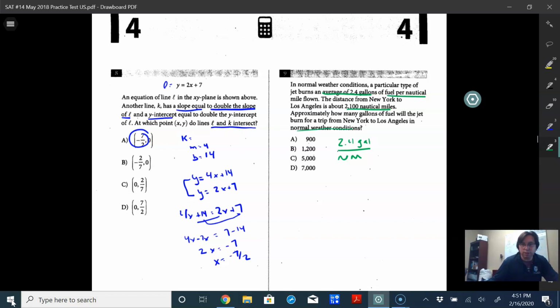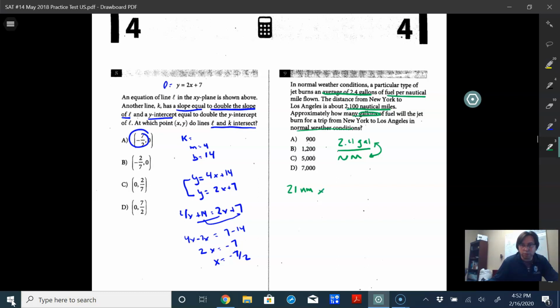You see the distance is 2,100 nautical miles between New York and LA, right? Let me make this a little bit cleaner here. So we're at 2,100 nautical miles, and we want to be in gallons. That's essentially what we want, how many gallons. So we have to take this thing and sort of flip it around. Because what we want is gallons, we multiply by the converting factor.